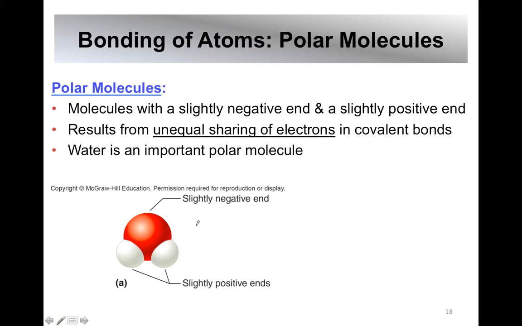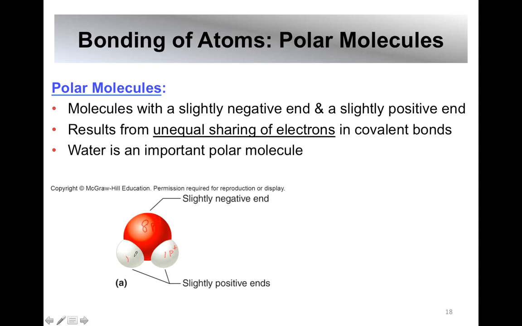Polar molecules happen because one of the atoms is more electronegative, or has a greater pull for the electrons. For example, right here, this is an oxygen, and the oxygen is going to have 8 protons, and each hydrogen is only going to have 1 proton.